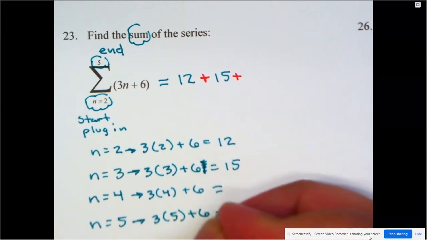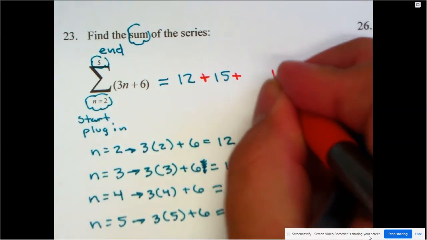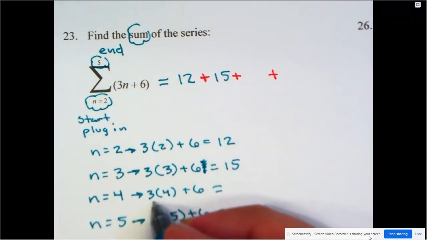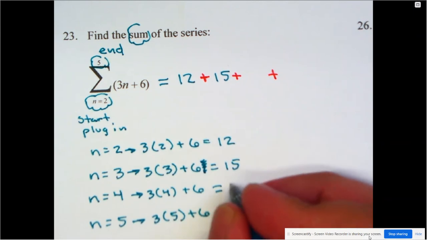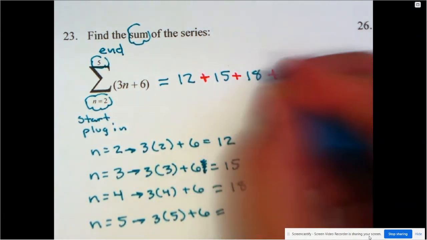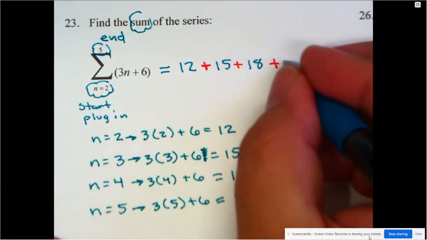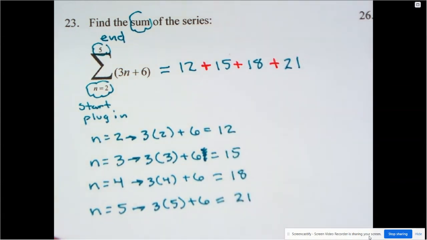And if you notice the pattern already, you could probably fill this out even faster. We do have one more there. So 3 times 4 is 12, plus 6 is 18. See, they're just going up by 3. So if I'm just going up by 3, you could do the math here or just say 21 at that point. But remember, we are not officially done.